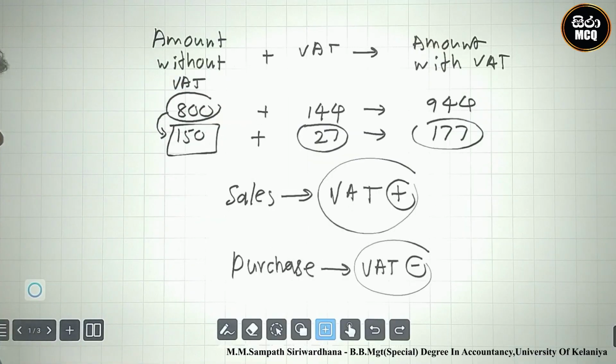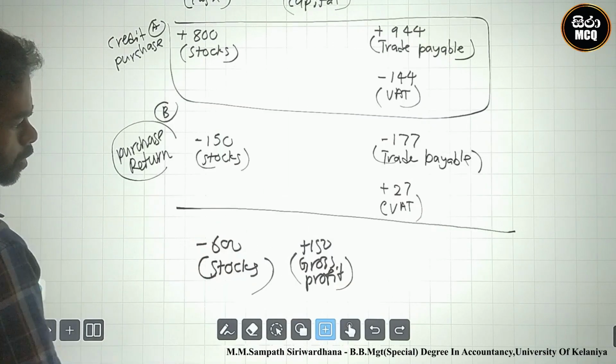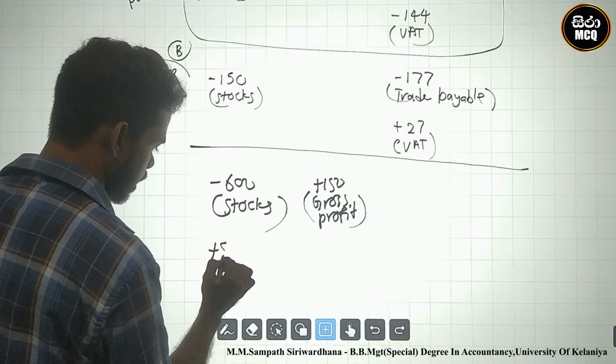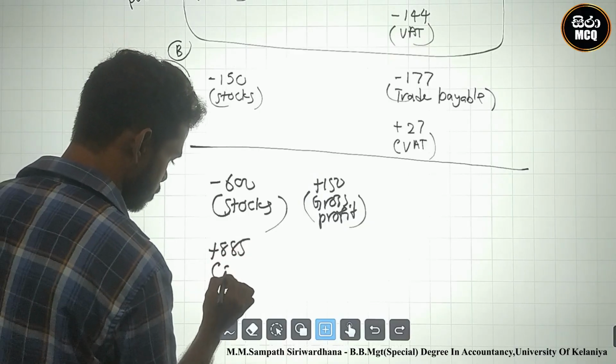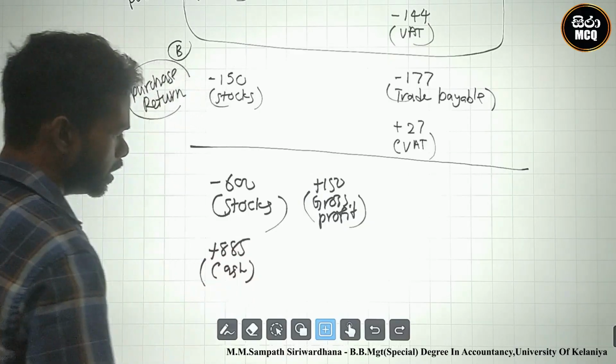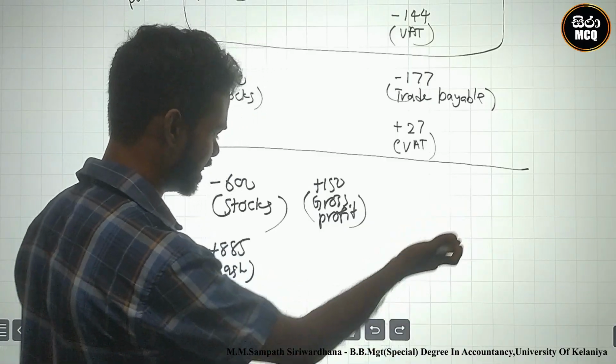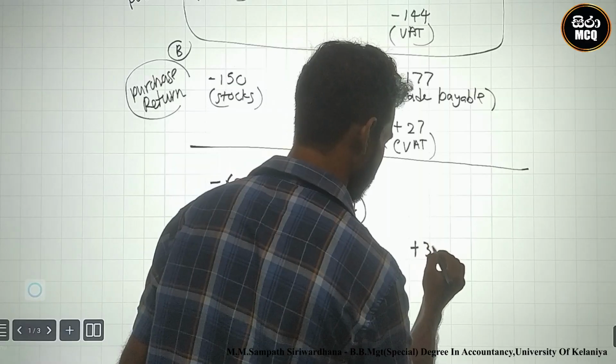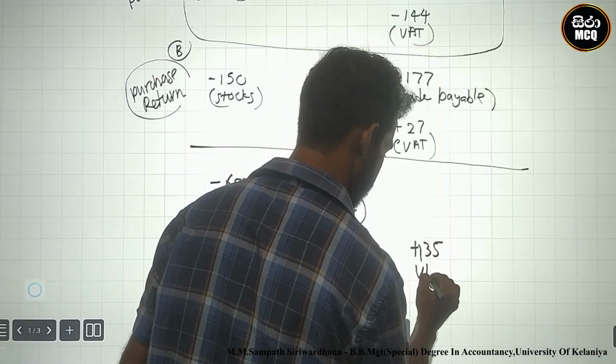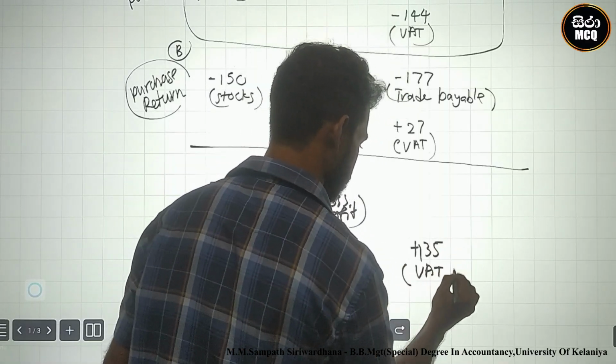Therefore, I add 885 to the cash account. After that, the VAT amount at the sales point: VAT must be increased. VAT increases by 135. This is the impact.